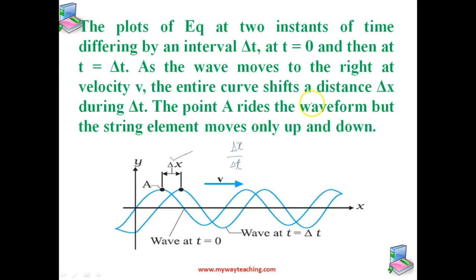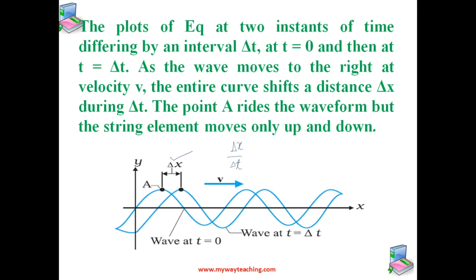The motion of a fixed phase point on the wave is given by kx minus wt is equal to constant. This is the motion of the fixed phase of that particular wave that we just saw in this particular figure.